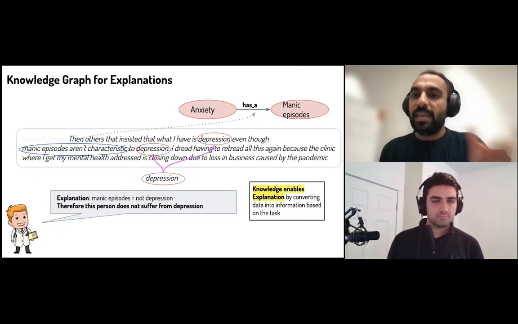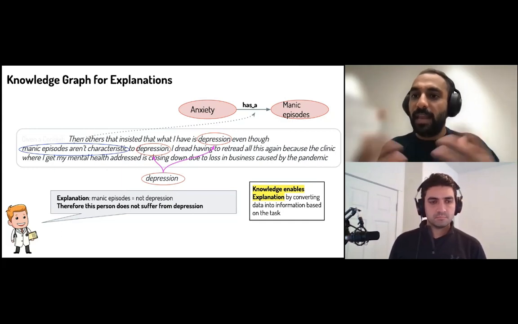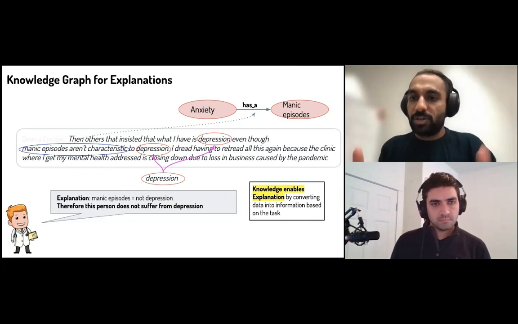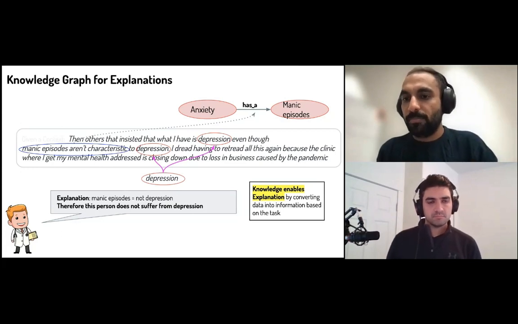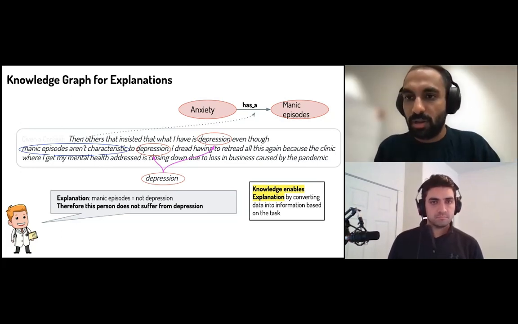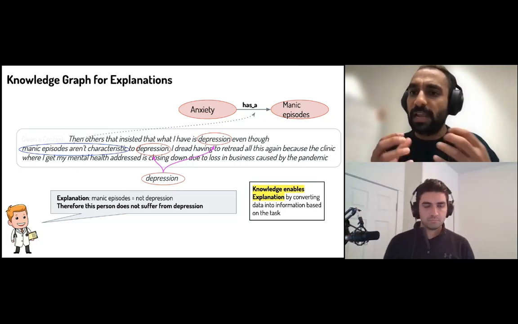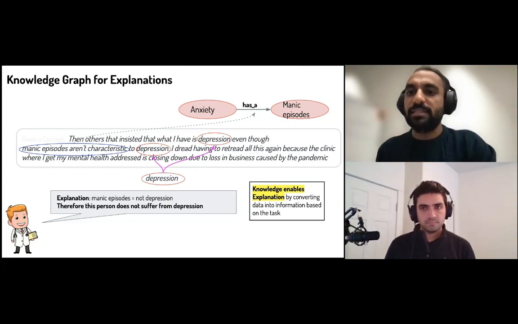Now, I pick the manic episode and I might need to look at the knowledge graph to see manic episodes are attributes of what. And maybe I replace depression by anxiety, and then when I generate a representation of it, I make sure that anxiety comes up with the topmost probability in labeling by the model. So certainly, if I put anxiety over here, the model will give, let's say, 51% depression, 49% anxiety.